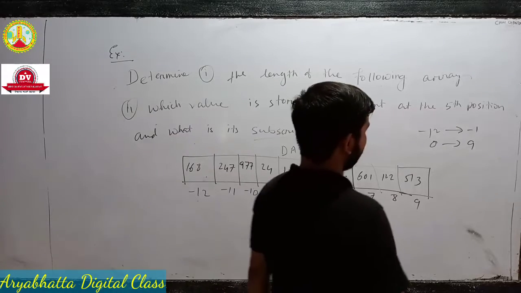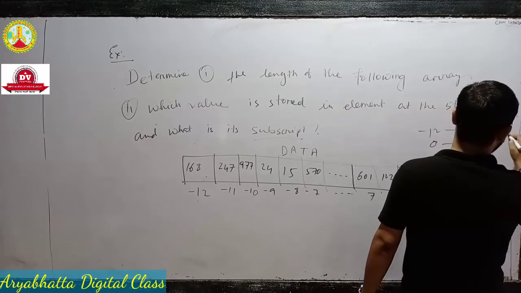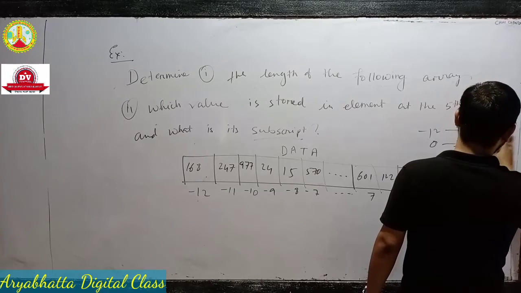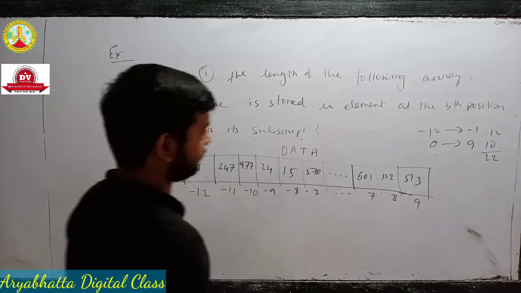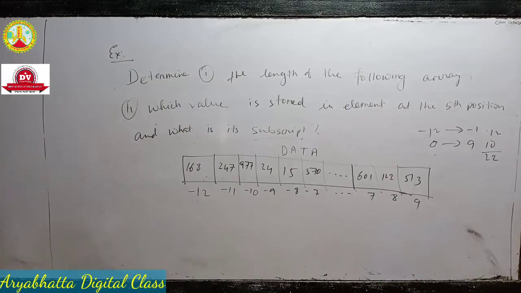Minus 12 to minus 1 means 12 values, and 0 to 9 is 10. Ultimately the length is 22. You got it?